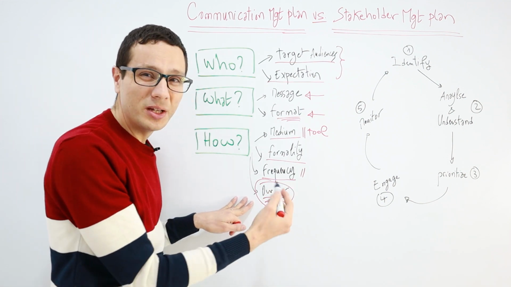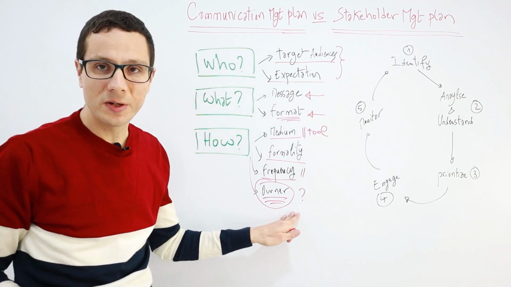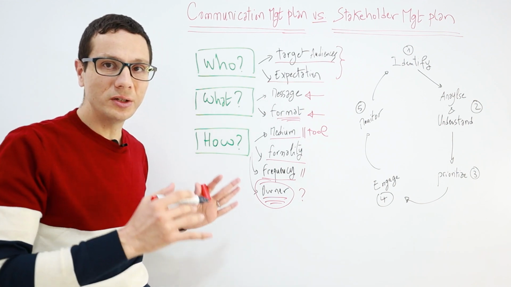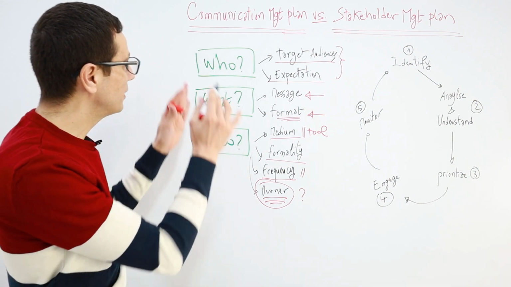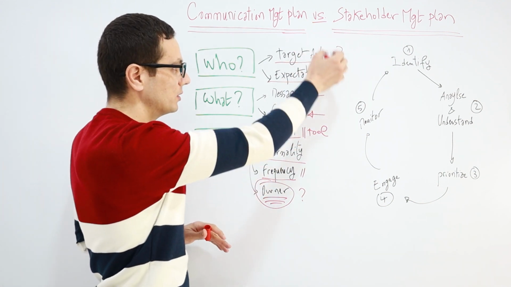Sometimes at the beginning of the project, we don't know this owner. This person is not yet recruited, so we just define that we need an owner to take part in this communication part. Same for the target audience.